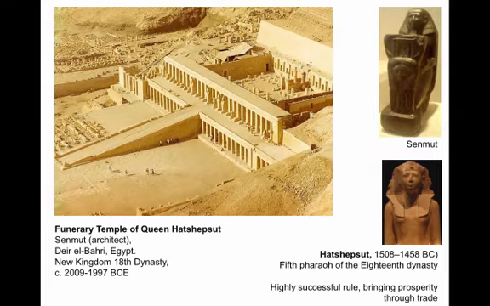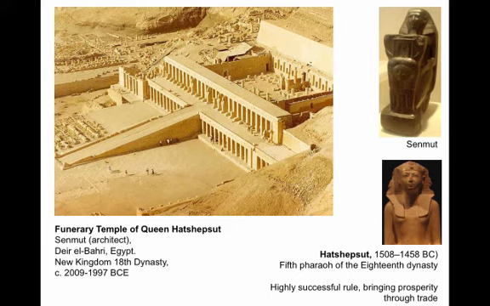So, among our New Kingdom figures is Queen Hatshepsut, a remarkable ruler, extremely successful, and the female rulers are exceptional, but they did exist. She's the most prominent one in Egypt, and during ceremonies, she has a ceremonial beard that she wears. You see sculptures of her with that. Her architect for her funerary temple is Senenmut, who's also her lover, and she was an extremely successful ruler, bringing prosperity through trade.